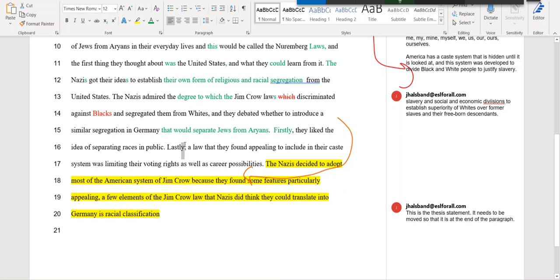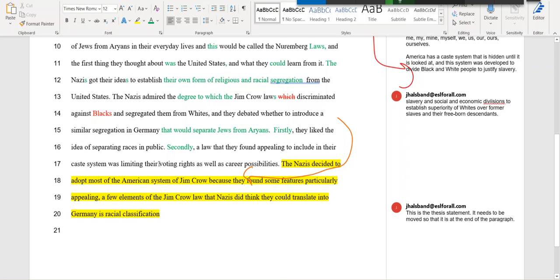And here you could be, secondly, just to keep things consistent. Secondly, a law that they found appealing to include in their caste system was limiting the vote.